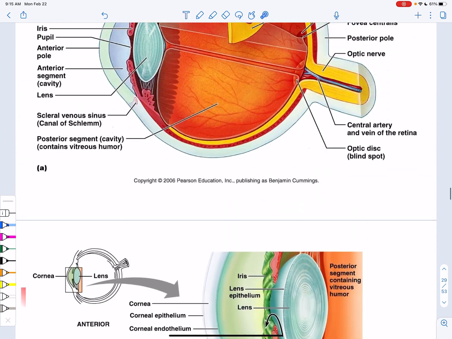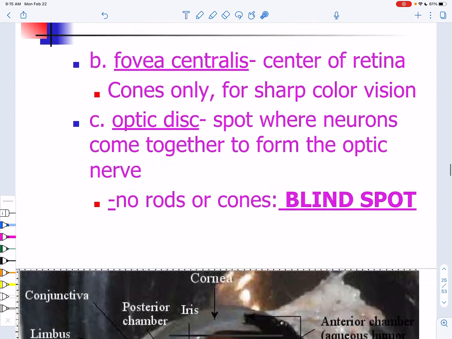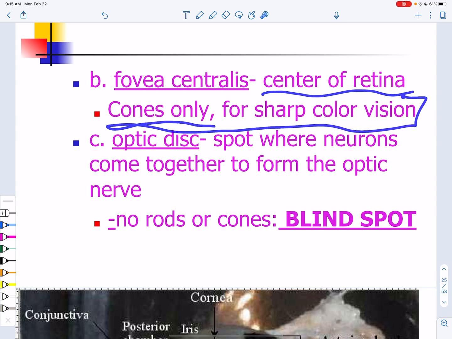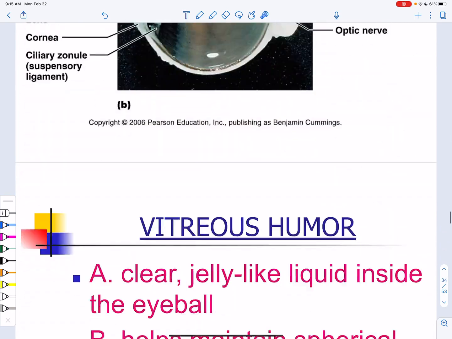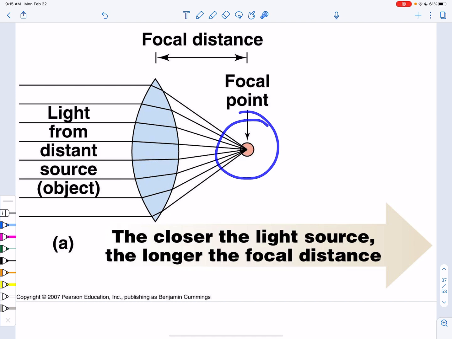If I go back and I go to my retina here and I look, I'm going to find that fovea centralis. It's going to be that center of the retina where we have sharp color vision, okay? So we have sharp color vision there at the fovea centralis, or the focal point in the back of our eye.